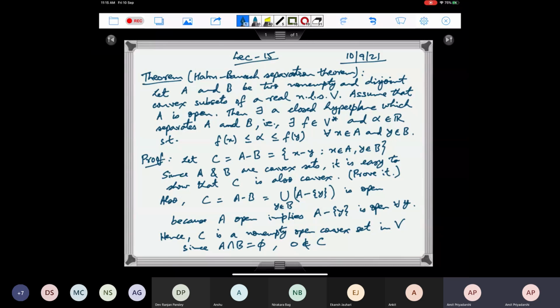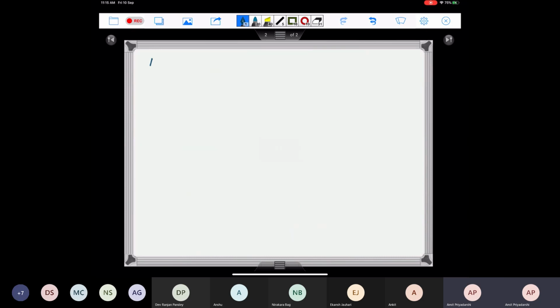So now we will apply the previous proposition. So by the previous proposition, we know that there exists some f in V star such that for every point in C, f of x is less than f of x naught.